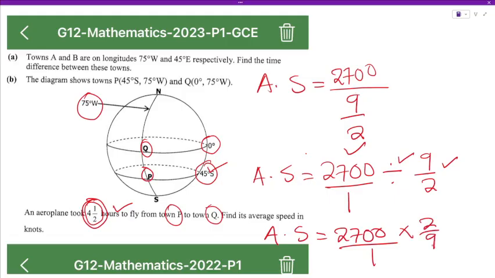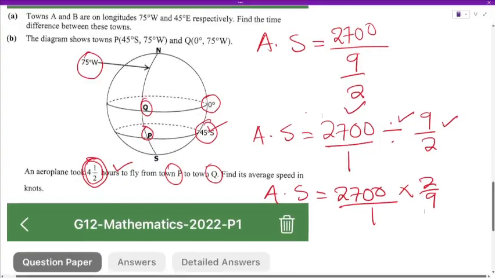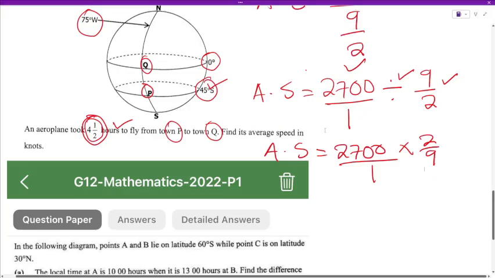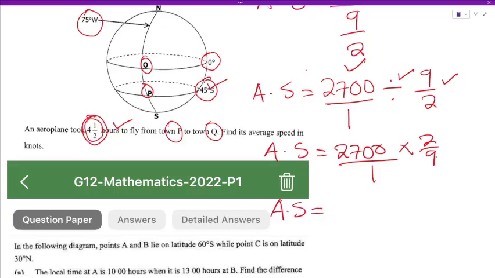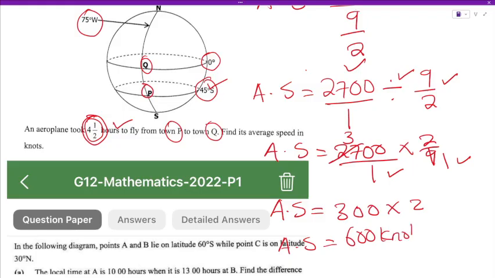The bottom one goes up and vice versa. At this point, you now notice that 9 can actually go into 27, so you can now reduce those values. 9 there, 1, 9 into 27 is 3, and you're going to have 300 times the 2. We can just get rid of these ones down here. So average speed will therefore be equal to 600. This is average speed, so it will also be knots. And you are done. Okay, as simple as that.